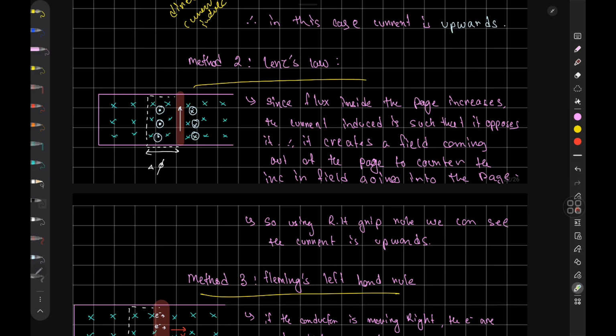Do you see where I'm getting? Since the flux change is del phi by del t and EMF induced should be minus del phi by del t, and since the del phi, or the change in magnetic flux, is actually inwards through the page, the current induced in this conductor will be such that it creates a magnetic field out of the page.